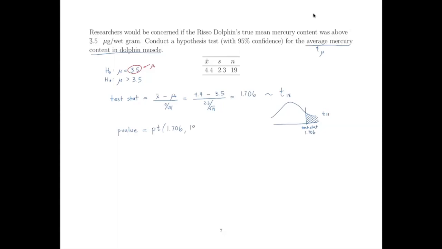And then I'm also going to type in that lower.tail should be FALSE, because we want the upper tail, the area to the right.